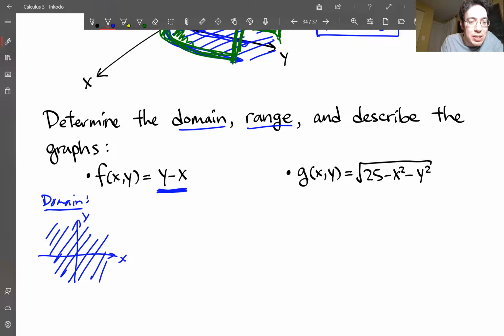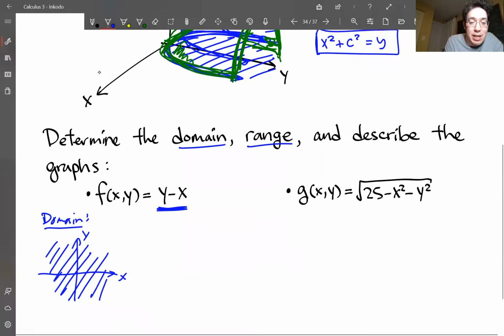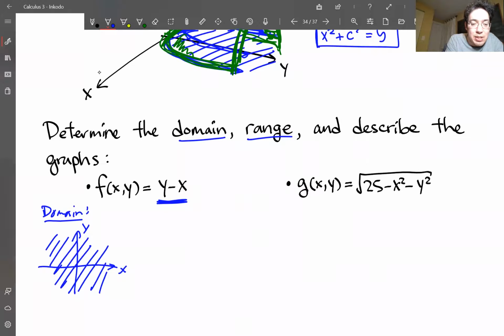So I'm gonna start using the level curve idea again. Instead of the output z, I'm gonna write c. Okay, so what does this look like? Well, these are lines, right? y equals mx plus c.